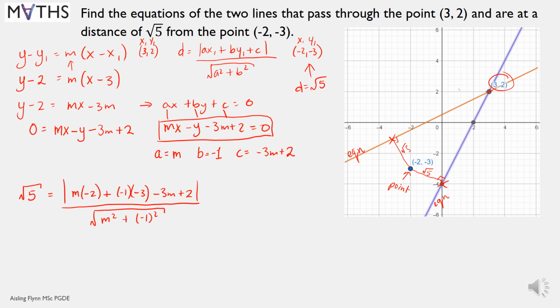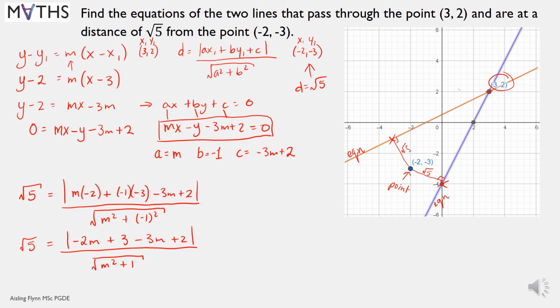Okay, now have a look here. We have an equation. We have one variable that's unknown, m, so we should be able to solve it. Now let's tidy up and see where we go from here. So I'm going to simplify what's within the modulus bars. I have minus 2m plus 3 minus 3m plus 2, all to be divided by square root of m squared plus 1.